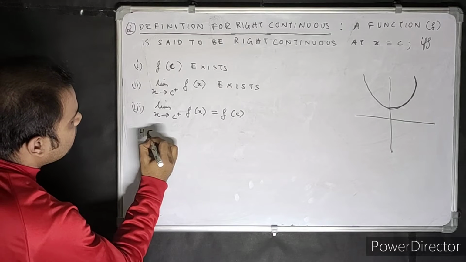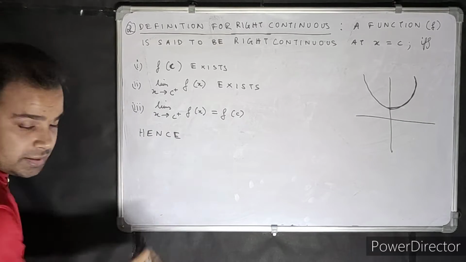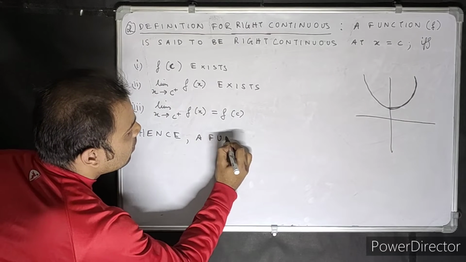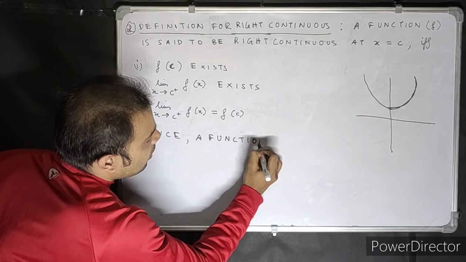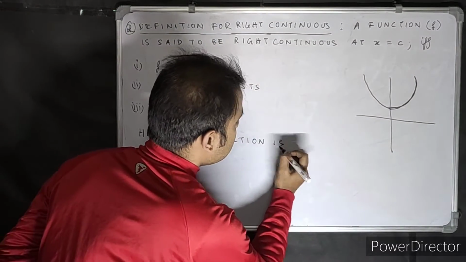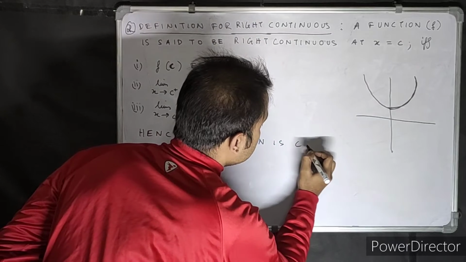Hence a function is continuous. Now you just have to write just continuous.